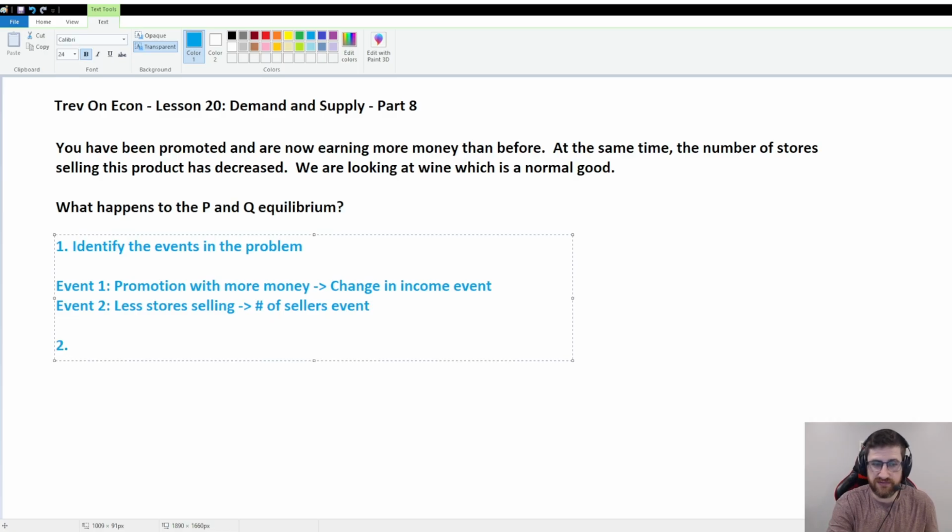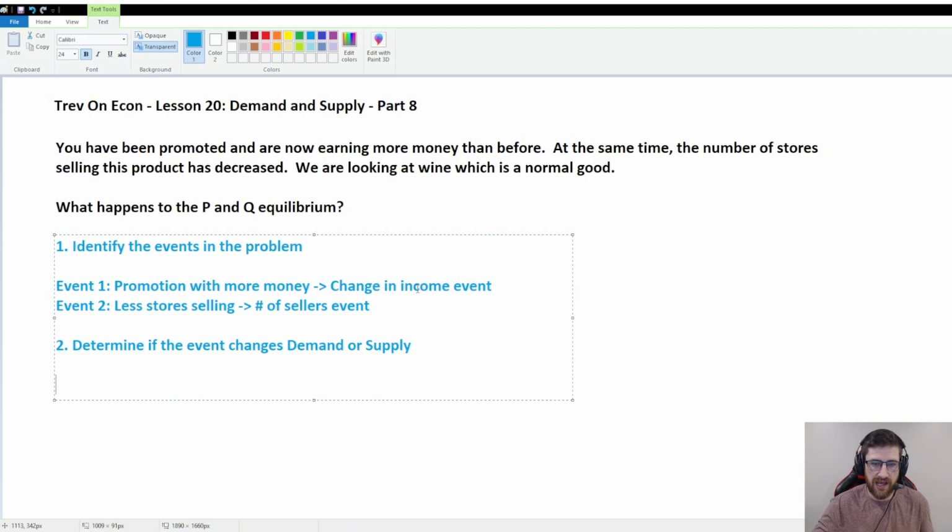So once you've identified the events, the next thing you're going to do is determine if the event changes demand or supply. Basically, you're going to look at each event and say, is this a demand issue or is this a supply issue? Now, up here, this kind of solves it for us, right?